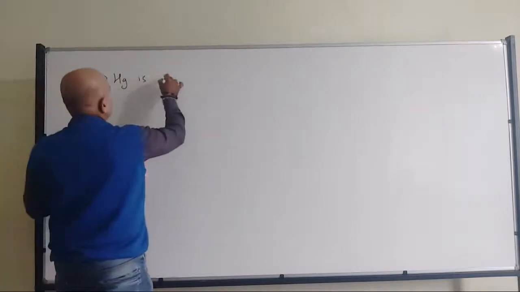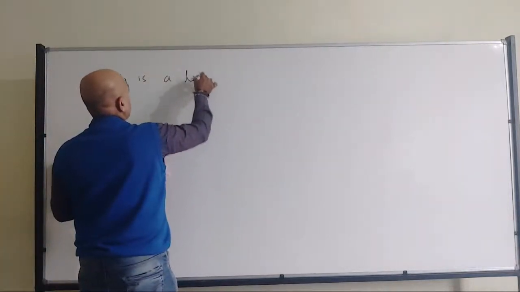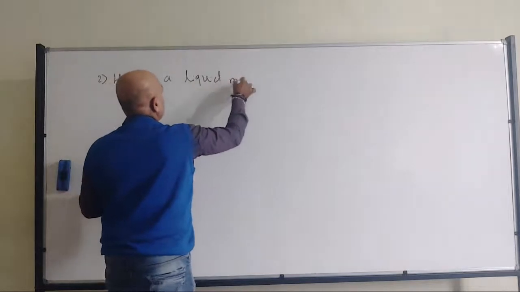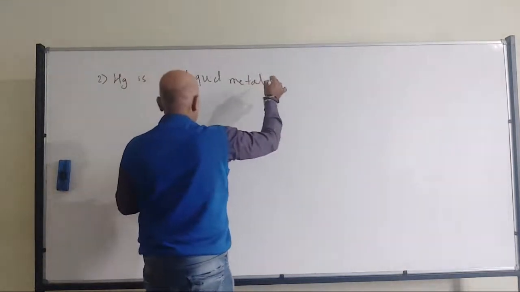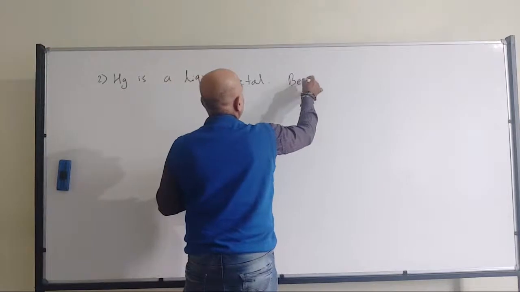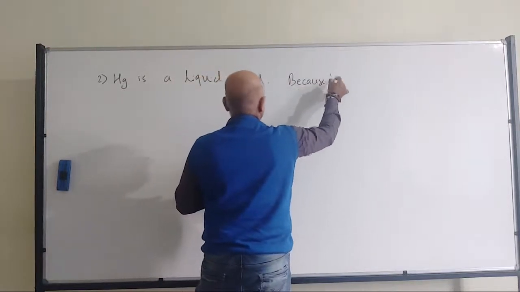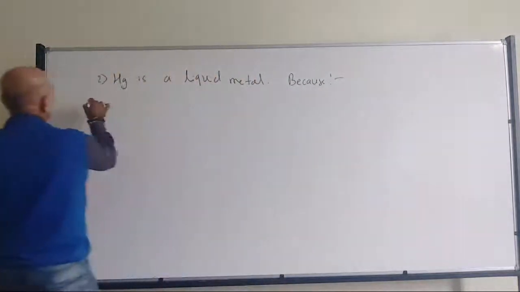Mercury is a liquid metal. Mercury is a liquid metal because... it is also a CET question.